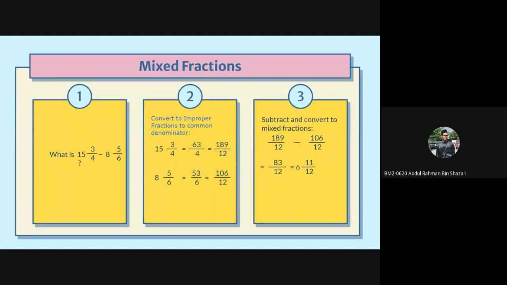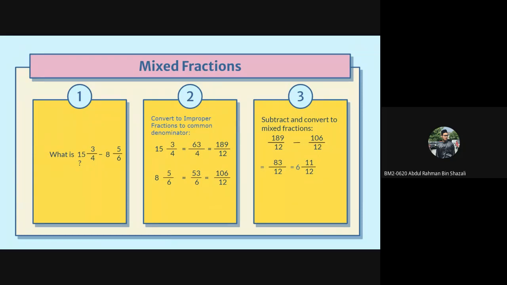Last but not least, we must subtract the improper fractions first. 189 over 12 minus 106 over 12.